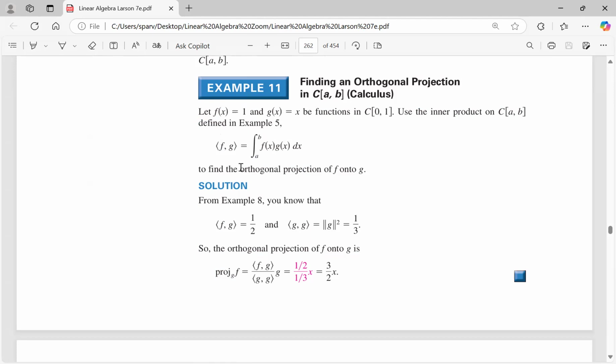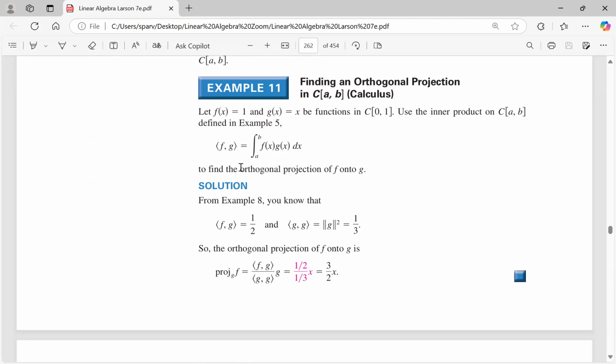The inner product, I'm writing on my notepad, I'll share with you in just a moment. The integral from a to b of f of x g of x, that's just how the dot product is defined. Product of two continuous functions. Find orthogonal projection. Okay. And then I'm writing the formula for orthogonal projection of f onto g.